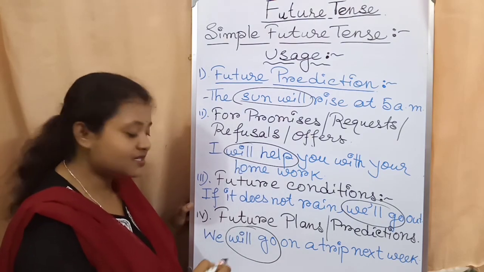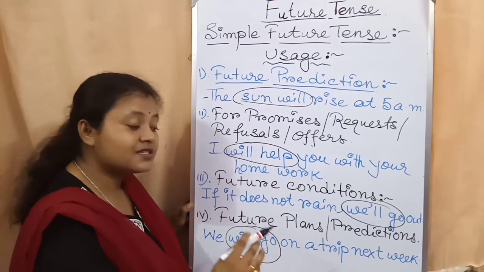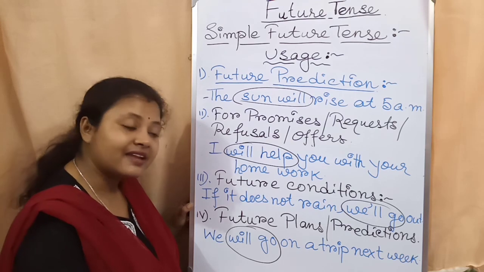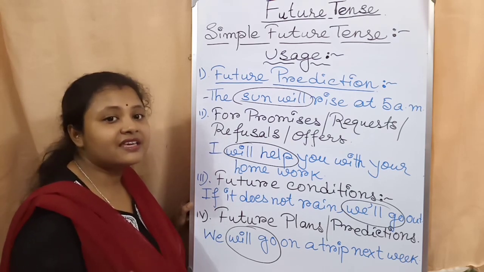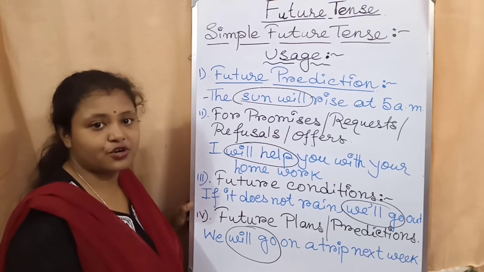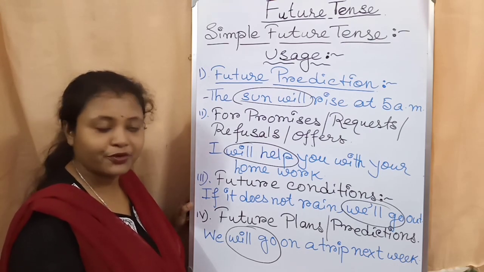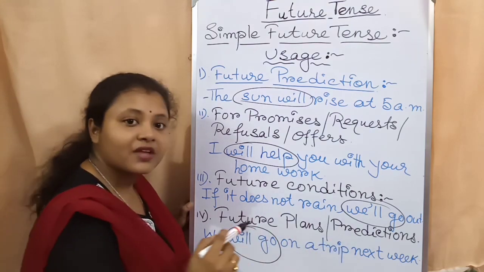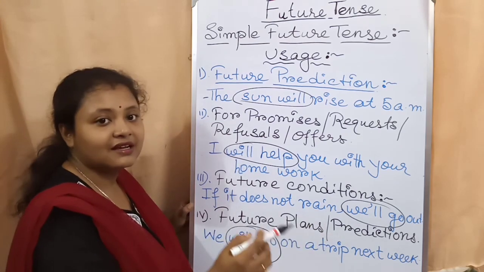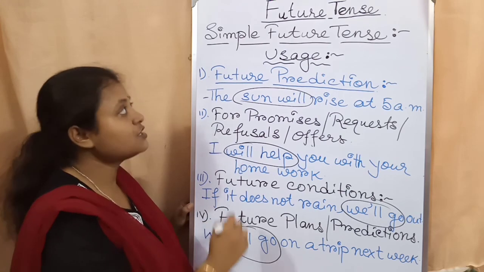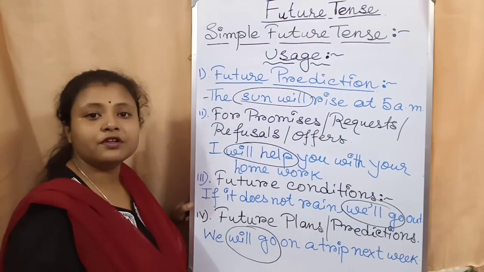Here in this sentence, will go. This is my plan. It is my prediction. It is my plan that I will go on a trip, maybe a trip to Digha or Puri, next week. Understood, students? So here my future plans are referred to. So that is why I have used simple future tense here.